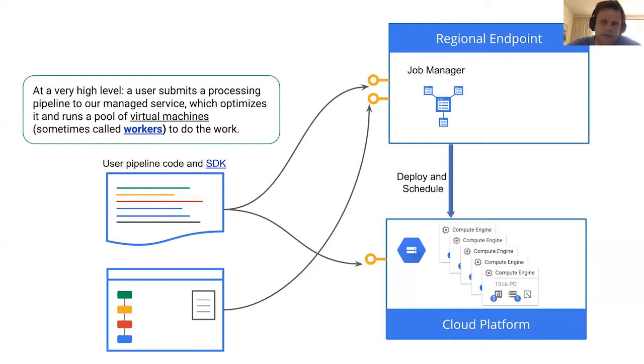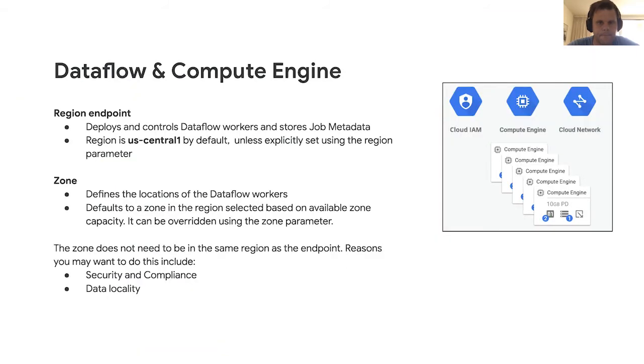But the whole point is that we expose a regional endpoint for you to interact with the service, and then that service also provisions the infrastructure for you automatically. So again, it's a fully managed service. You don't need to worry about how to provision these things. We do it all for you, and we also provide security and logging and monitoring. So Reza, can you move to the next one, please?